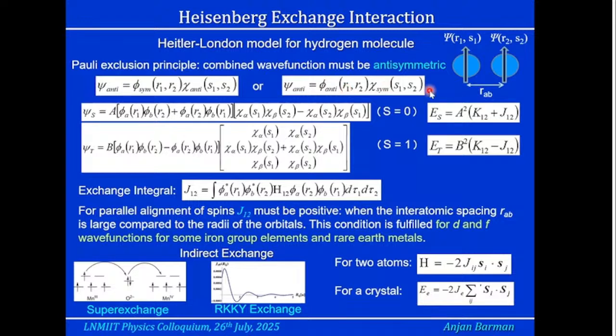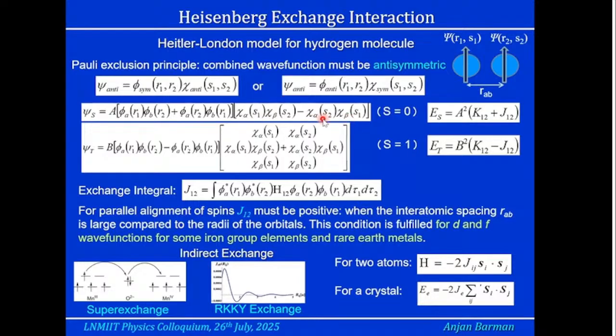You can do either of them. Here the space part is symmetric. So this is called psi S: phi A R1, phi B R2 plus phi A R2, phi B R1, whereas the spin part is antisymmetric, so there is a minus sign here.